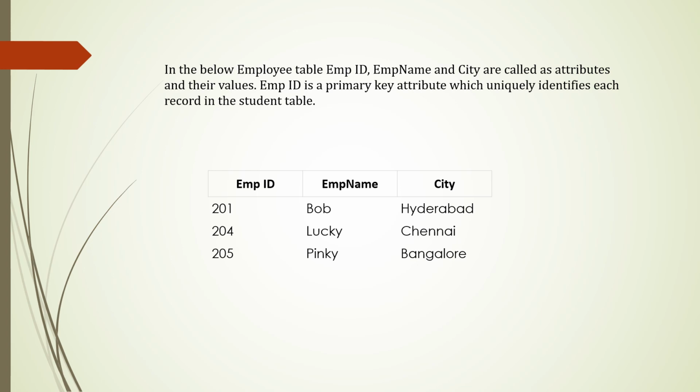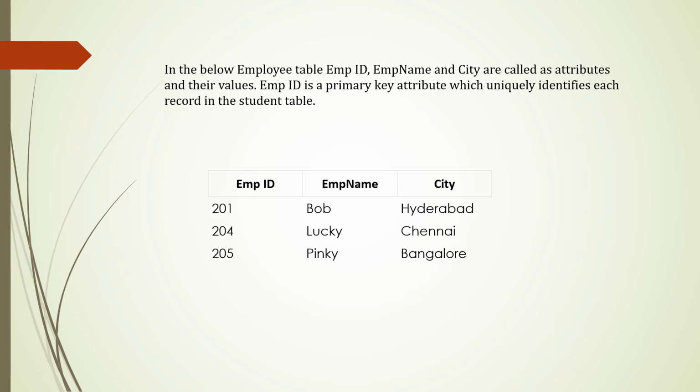Now let's look at an example. I have taken an example of an employee table. In this employee table, employee ID, employee name and employee city are the columns. Coming to the rows, that is records, you can see 201 here. The horizontal lines are the rows.